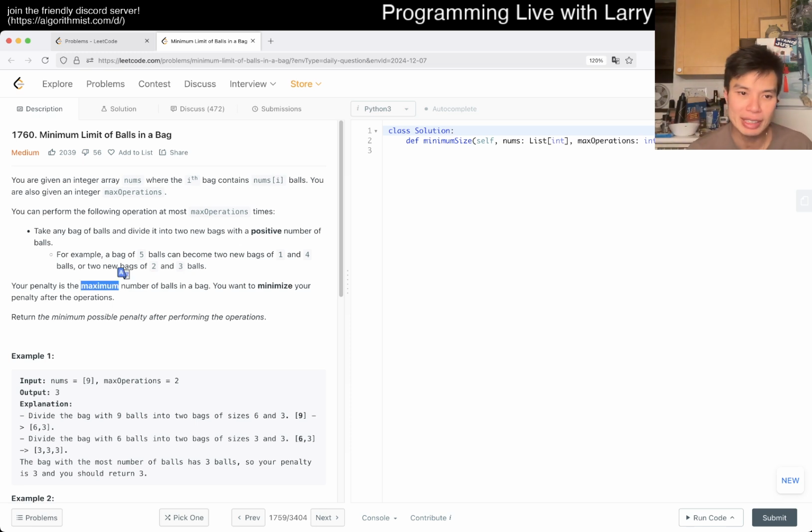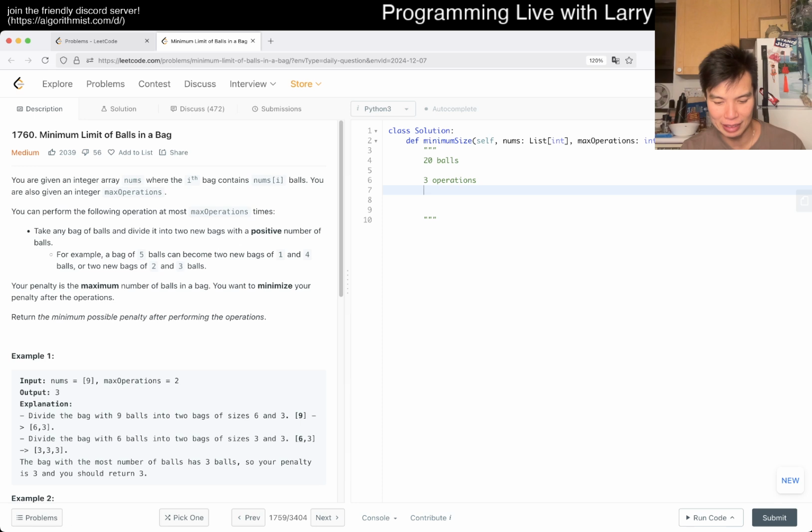The idea here is that there's maybe one observation. I don't know if it's a full observation, let me know. But you have 20 balls and you have 3 operations. Then technically you could do it as 7, 7, 6. If you want to think of it step by step, you have 20, you go to 14 and 6. And then you split 14 into 7 and 7, so you get 7, 7, 6. Or the other way around.